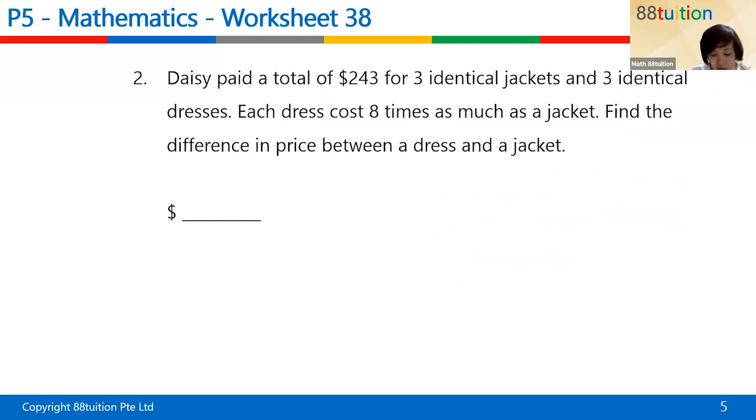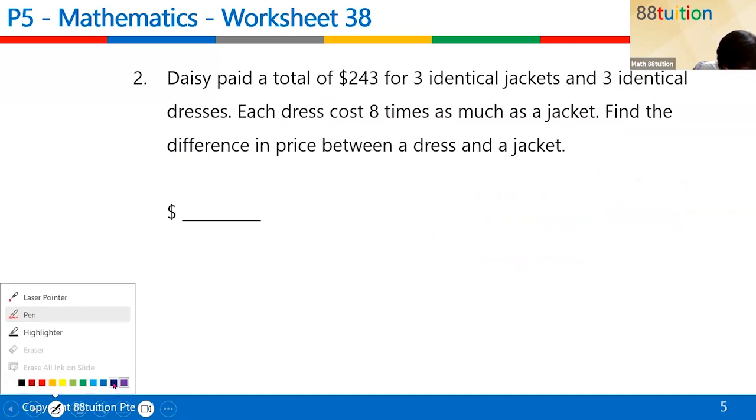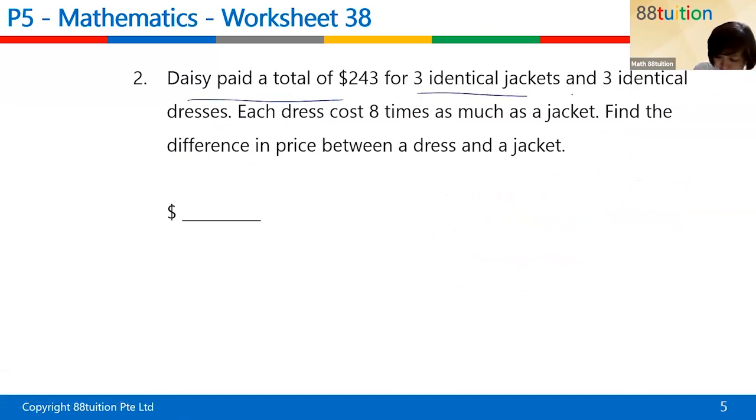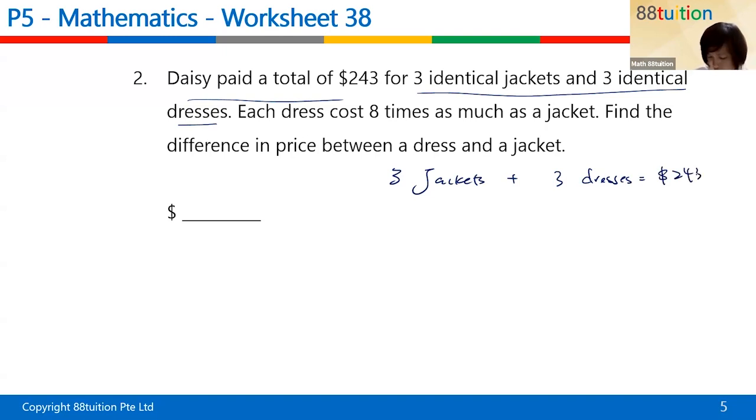Okay. So number 2, Daisy paid so much for 3 identical jackets and 3 dresses. So that means 3 jackets with 3 dresses, you will get $243.